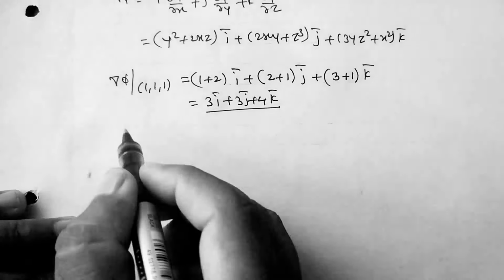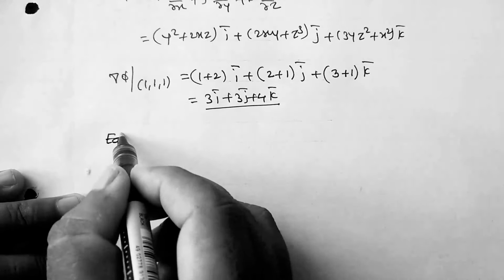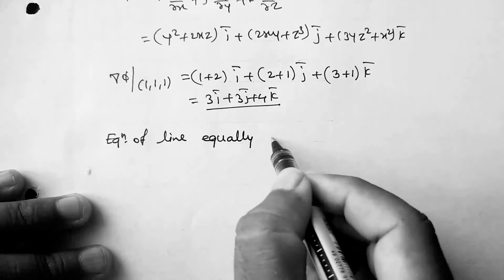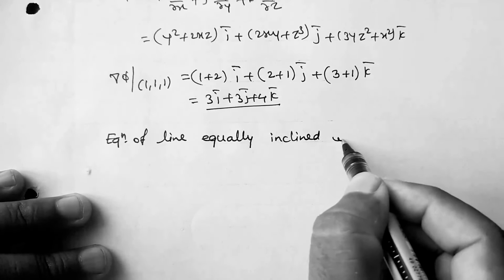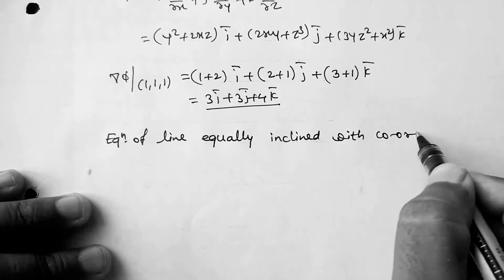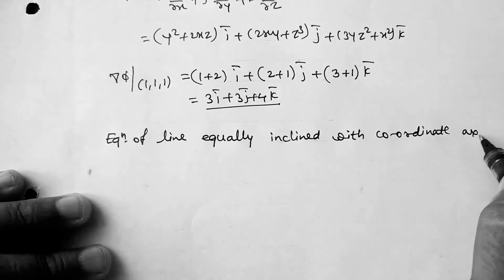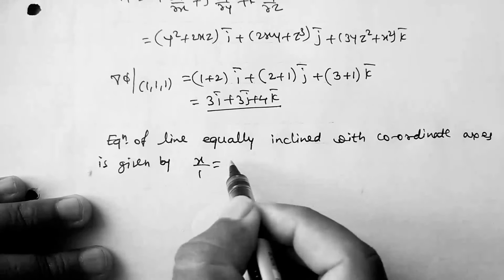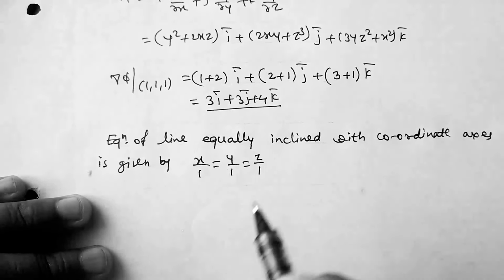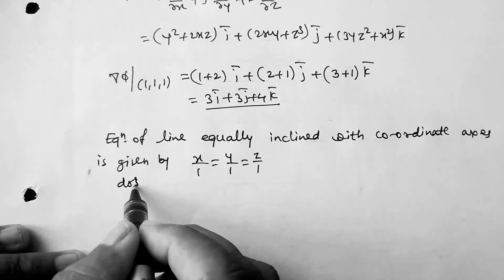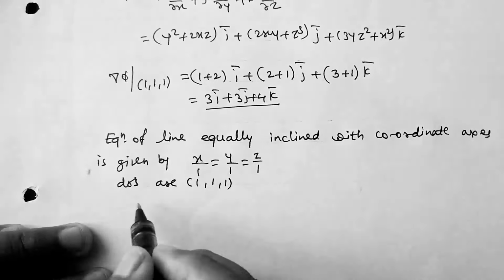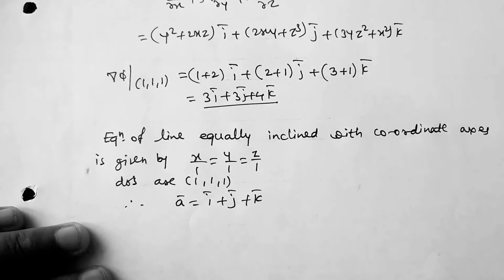So equation of line equally inclined with coordinate axis is given by x upon 1 equals y upon 1 equals z upon 1. Therefore direction ratios are 1, 1, 1. Therefore direction vector a bar is equal to 1 i bar plus 1 j bar plus 1 k bar.